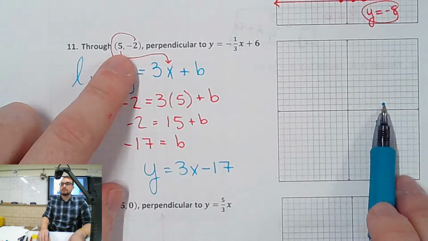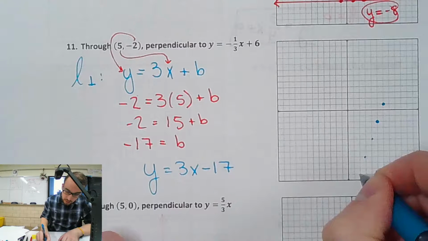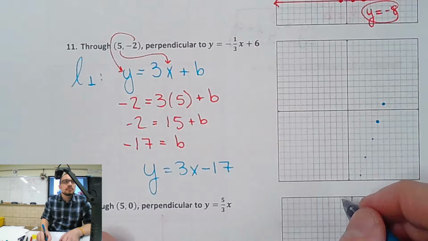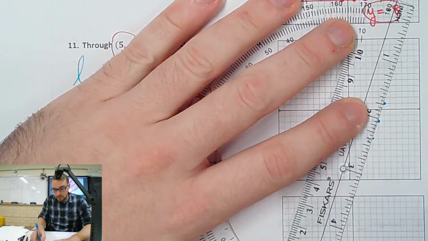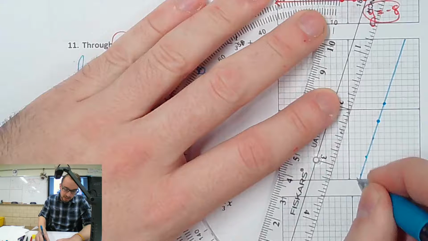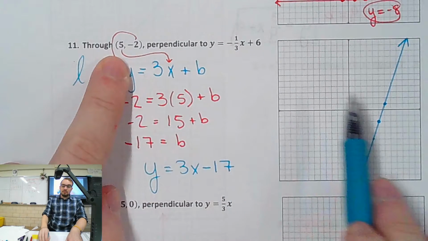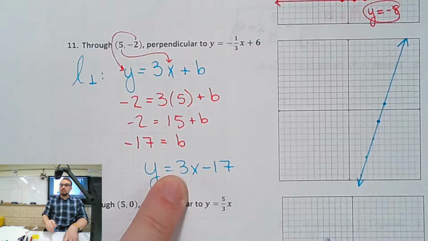If I continued doing this, I would eventually cross the axis at 17, but who cares? I just need to graph this thing. I used the point they gave me, and then I found another one using slope. Done. Who cares about -17?